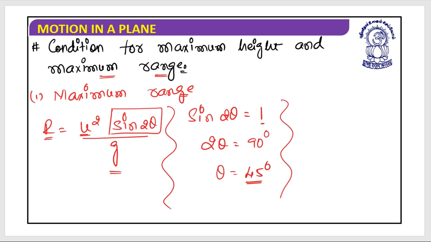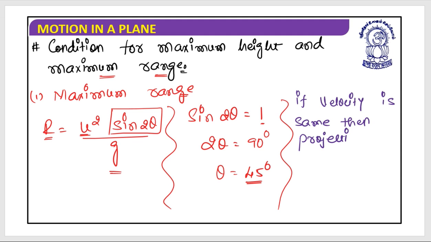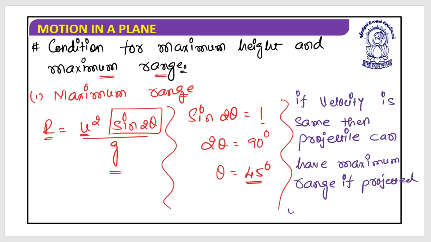So what I can write is that if velocity is the same, then a projectile can have maximum range if projected with 45 degrees.